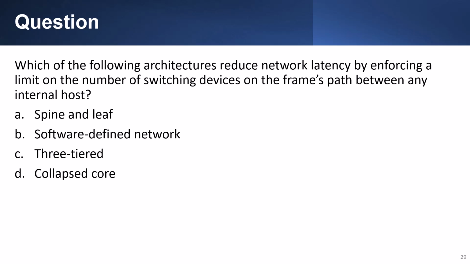Question: which of the following architectures reduce network latency by enforcing a limit on the number of switching devices on the frame's path between any internal hosts? Answer: spine and leaf.